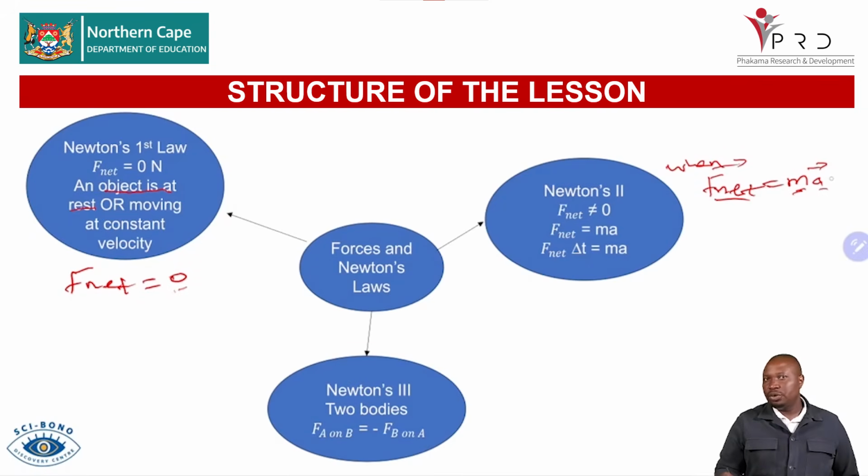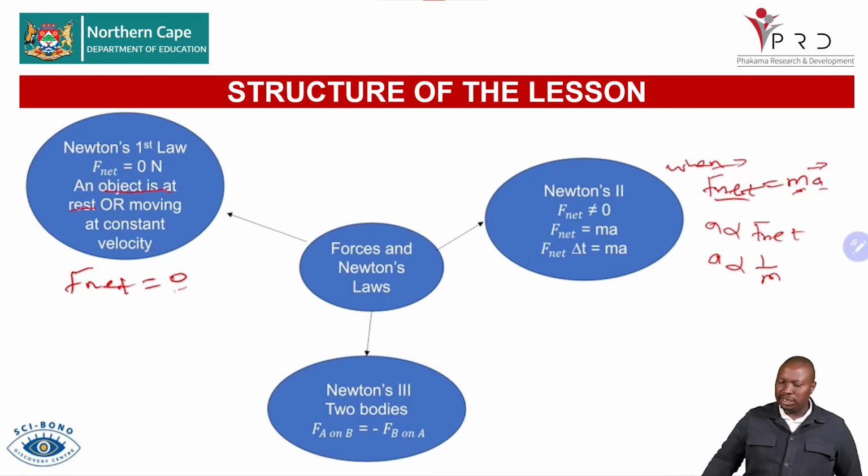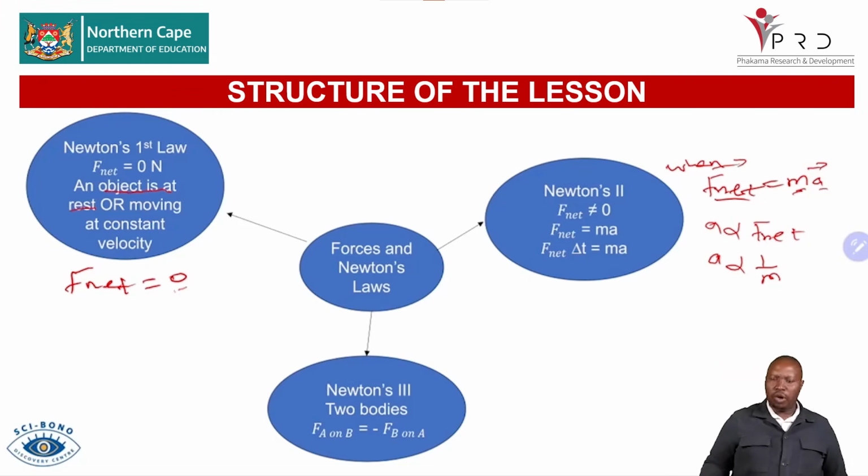However, you get your marks when you say acceleration is directly proportional to the net force and acceleration is inversely proportional to the mass. You write that and you are able to get your 2 marks. Please ensure that for all the questions that say state Newton's laws, you collect those marks.